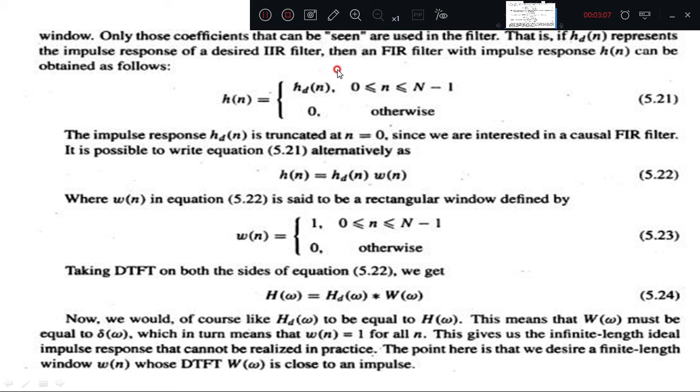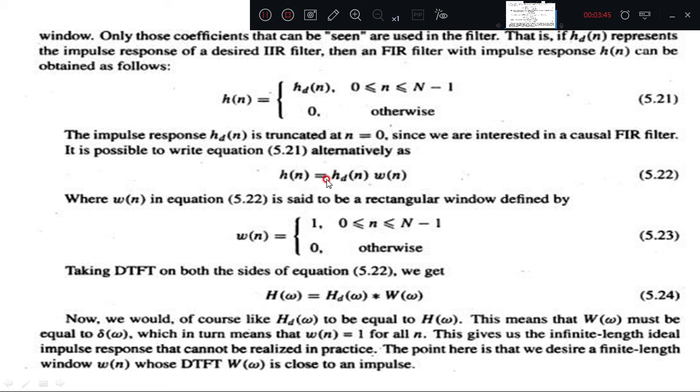So let us understand here: if hd of n is the impulse response of the ideal IIR filter, which has an infinite number of impulse responses, now let us truncate this impulse response hd of n at n equal to 0, because we are interested in the causal FIR filter, and it is possible to do by multiplying hd of n with w of n in order to have h of n.